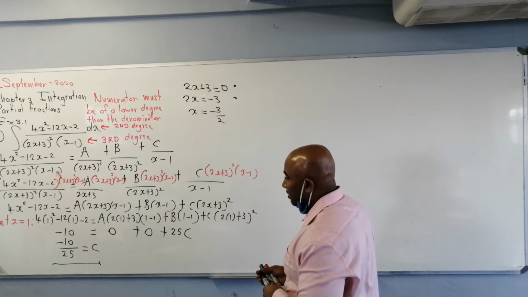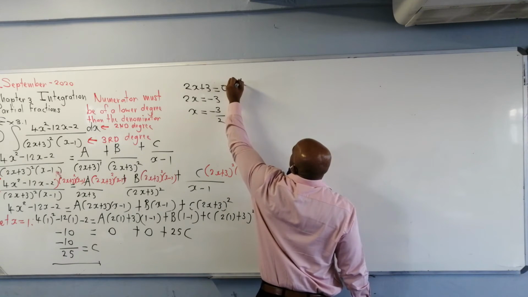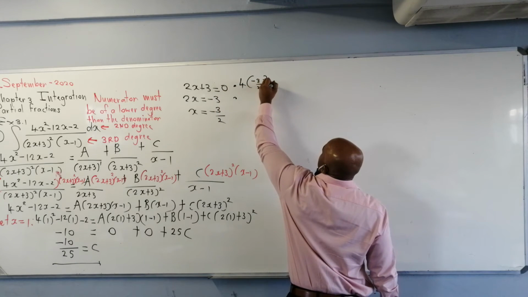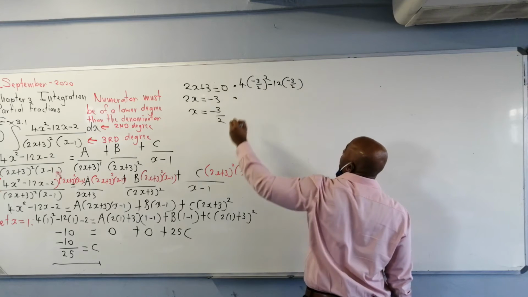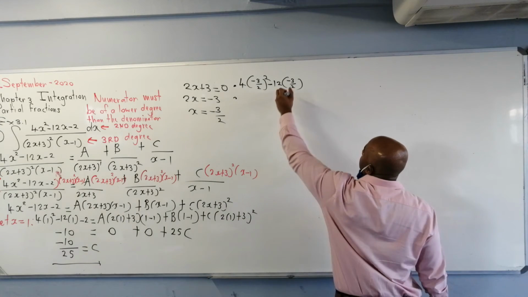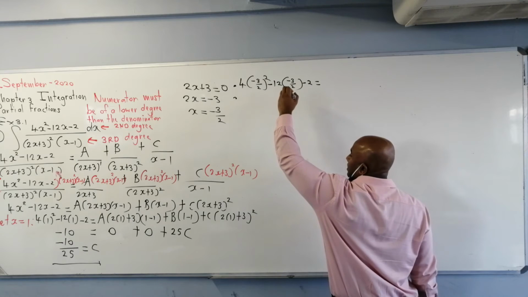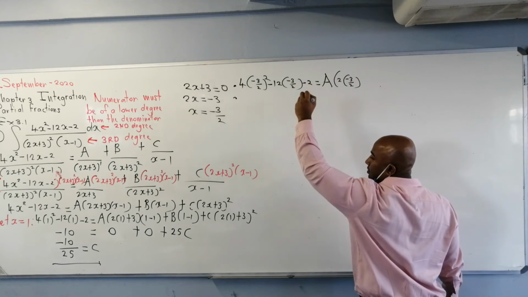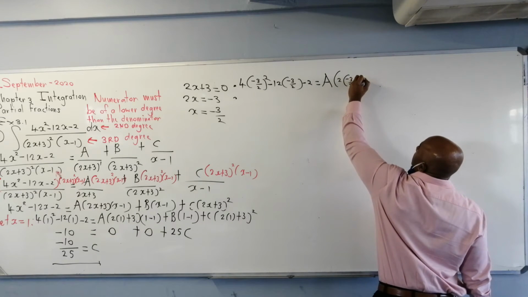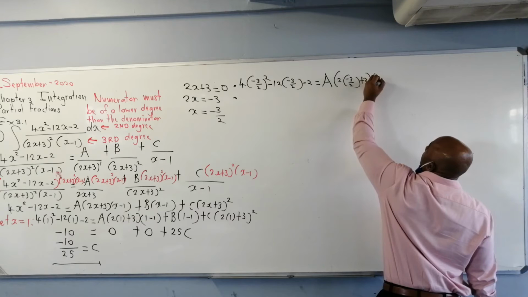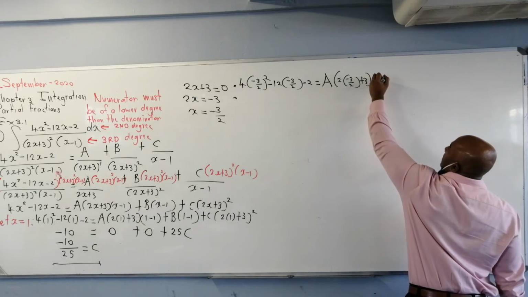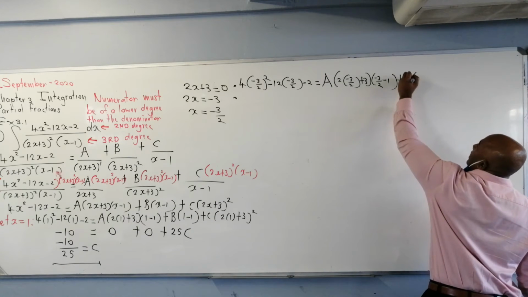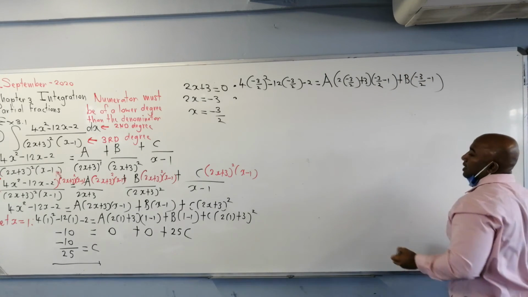Left-hand side. Let's start on the left-hand side there. So that's going to be 4 times minus 3 over 2 squared, minus 12 times minus 3 over 2, minus 2, is equal to A, and that's 2 times minus 3 over 2 plus 3, and then we've got minus 3 over 2 minus 1, plus B, and that's minus 3 over 2 minus 1.